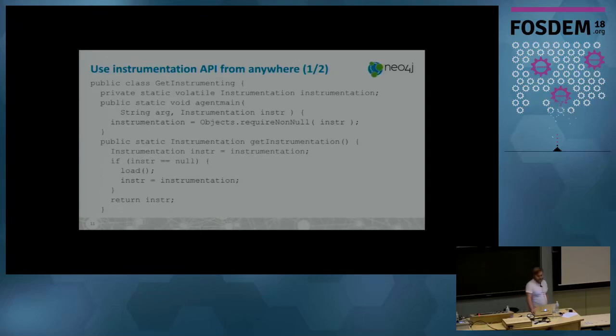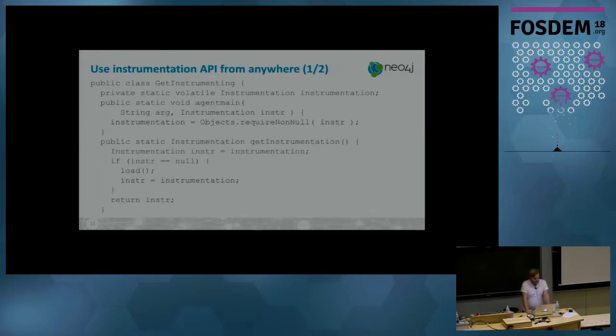With an agent main that takes the instrumentation instance as parameter. That's the method that will be invoked when this jar file runs as an agent, and then puts that into a field that we can read.